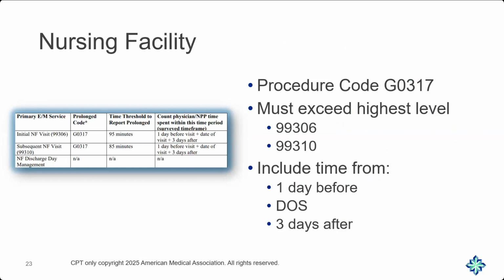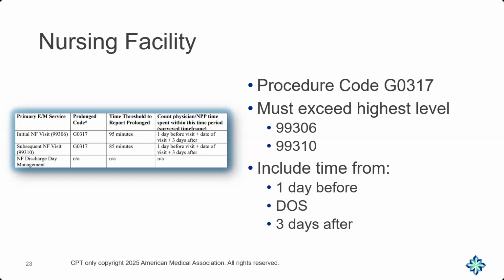Next, we have nursing facility services, and you're using G0317, and you're exceeding the highest level for that 99306, which is 50 minutes, and 99310, which is going to be 45 minutes. But you'll see here that for the 306, you do have to exceed that 95-minute threshold.